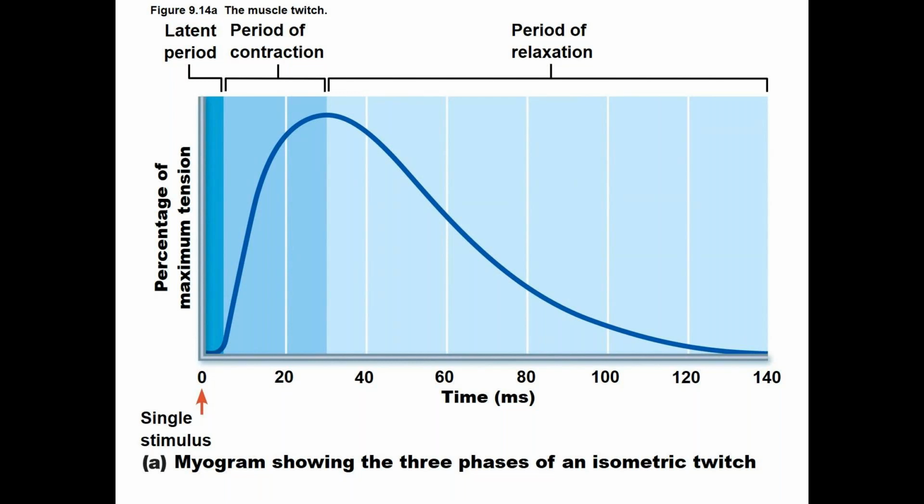Here at time zero, we have our action potential. We have this little phase right here, where we're doing all of the stuff leading up to cross-bridge formation, our latent period. Once those cross bridges are forming, we generate force, we generate tension. You see it reflected here in our myogram. We reach maximal tension, and now we begin the slow decline back to zero, this period of relaxation.